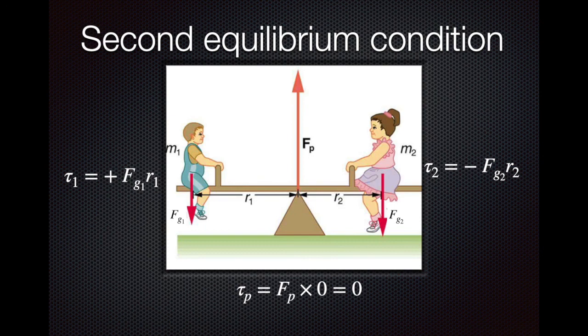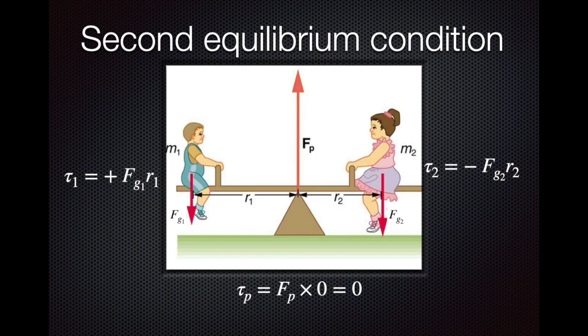So we have a pivot in the middle, right? And that's where the object's going to rotate around if it's going to rotate at all. And there's going to be some force from that pivot, right? But if we look at the calculation below the picture, we can say the torque from the pivot is whatever that force is, times the distance from the pivot point.